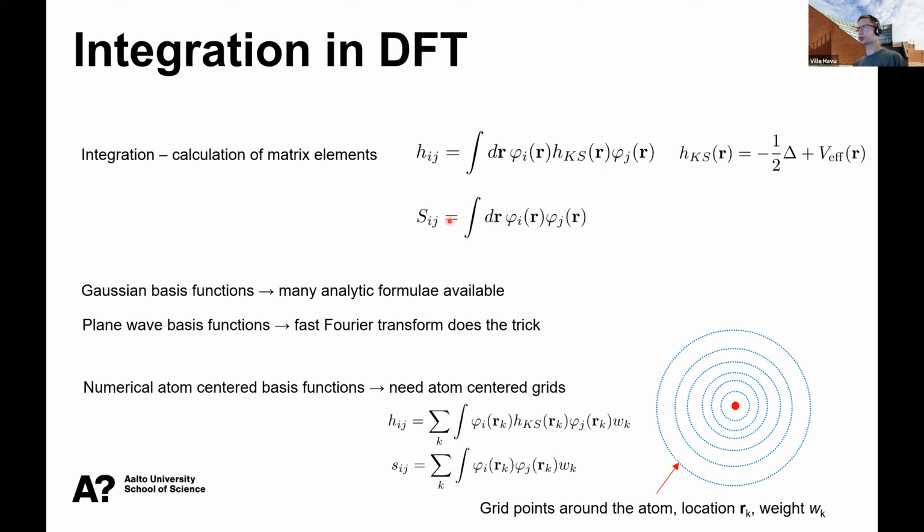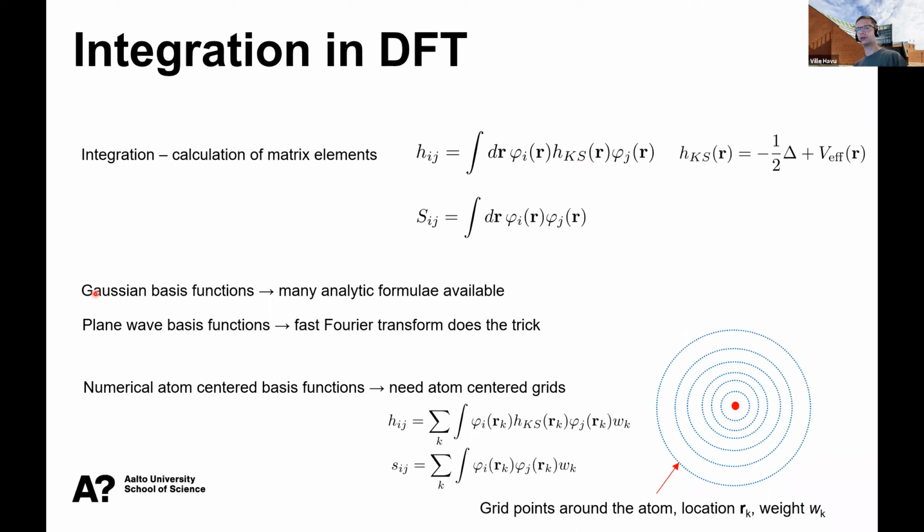And same goes, unless your basis functions are orthonormal, you need to also do the overlap integrals here. Basically, there isn't much difference. Well, of course, you have to evaluate different things here, but purely from an integration algorithm point of view, there isn't very much of a difference in what you are integrating. The problem remains the same.